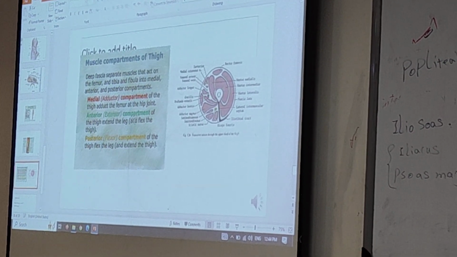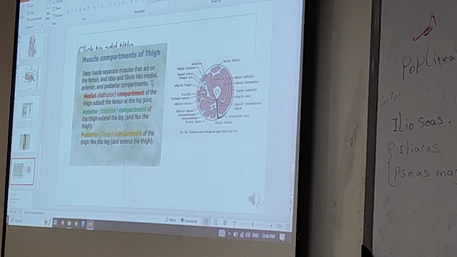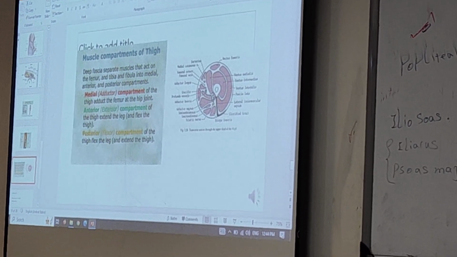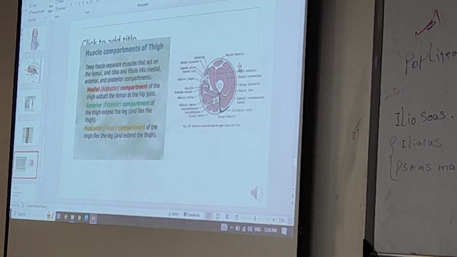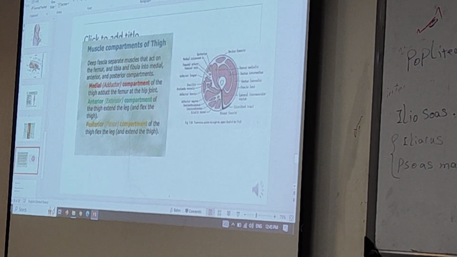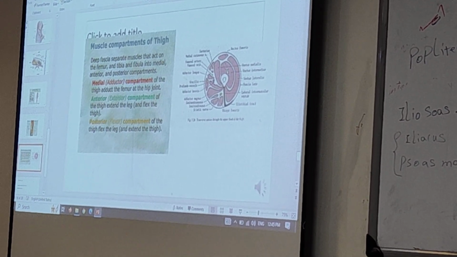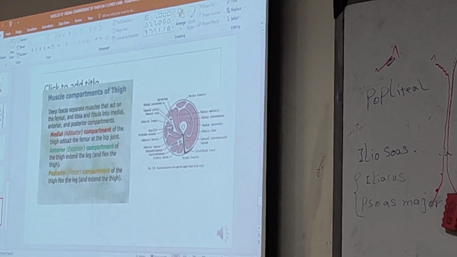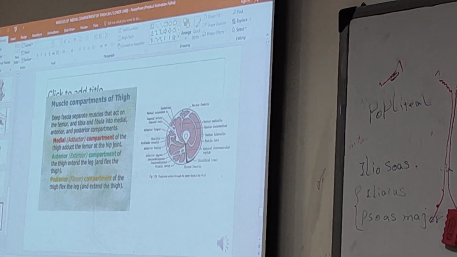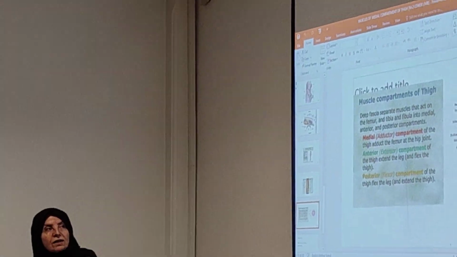Now, muscle in the 3 compartments of the thigh. Some of them are visible here. Here you are going to look at the anterior compartment. In anterior compartment, please look at the quadriceps femoris.